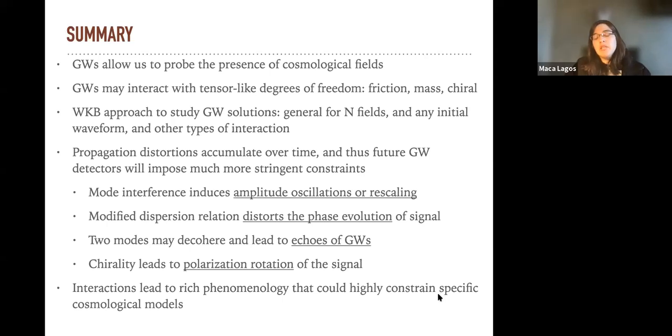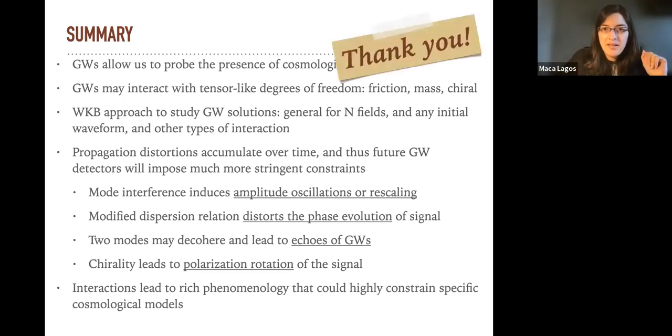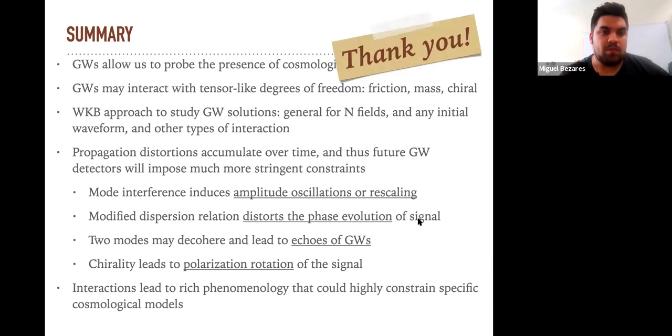For massive bigravity, some people have looked at some of these effects and tried to put constraints, but as I was saying before, people neglected the fact that you have phase distortions, that the signal does not look simply like a modulation of the amplitude, and therefore I would say that those constraints have to be revisited. But this is all. Thank you very much.